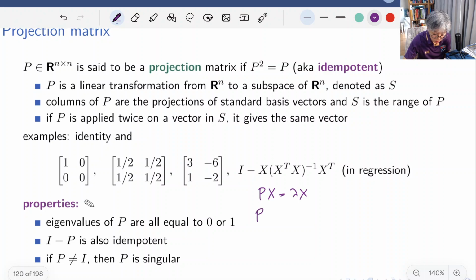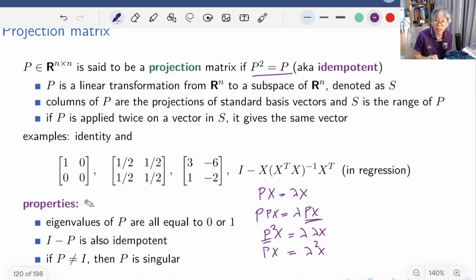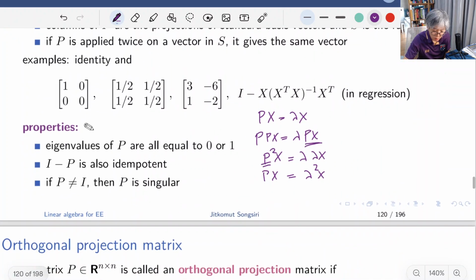If I multiply the whole equation by P, I have P squared x, which, since Px is lambda x, is lambda squared x. But my P squared x is also Px because P squared equals P, and I also substitute Px equals lambda x.